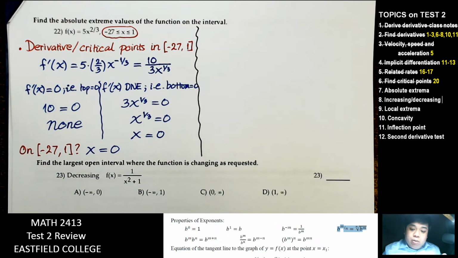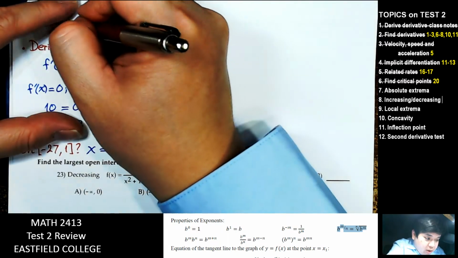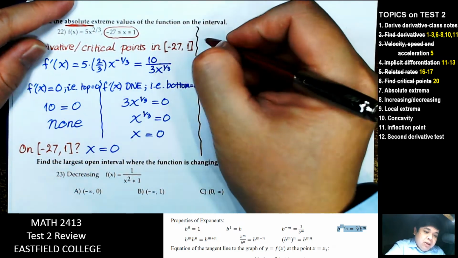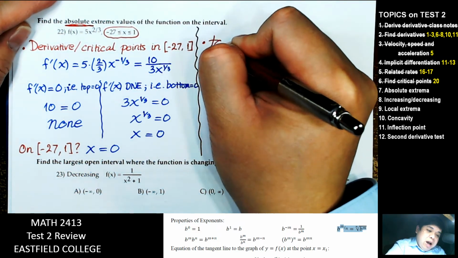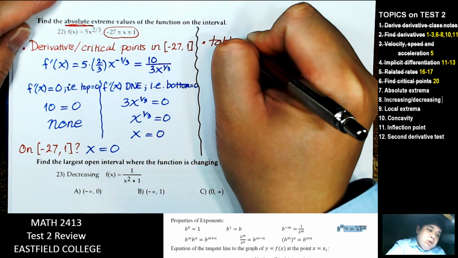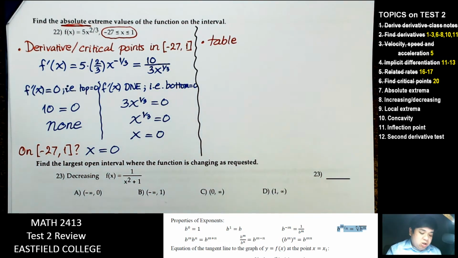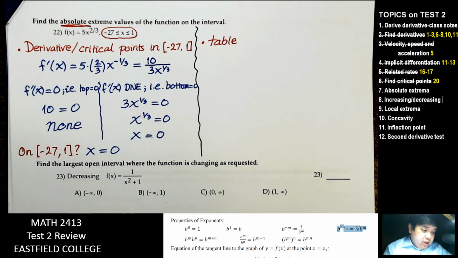Now, the difference between the absolute max and absolute min when we do this is, for absolute max and absolute min, we use the table. If it is local max and local min, we use the sign chart. We will do that when we get to topic number 9.